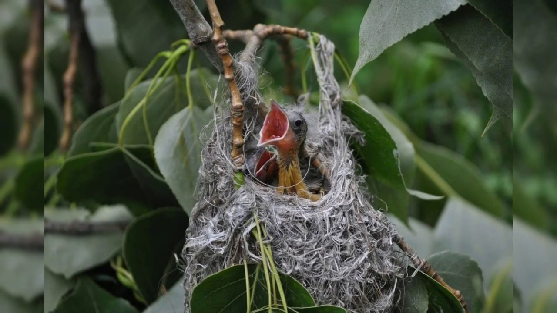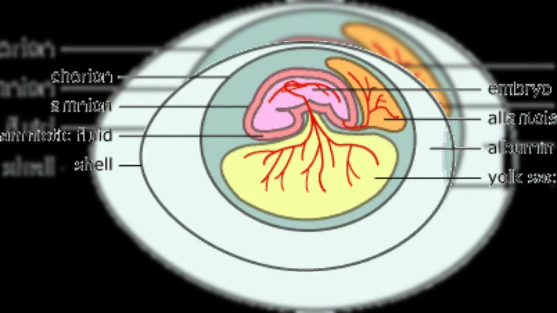Altricial. A type of development where young birds are born with their eyes closed and no feathers. Yolk. The structure that provides nutrients to the developing embryo in the ovoviviparous.